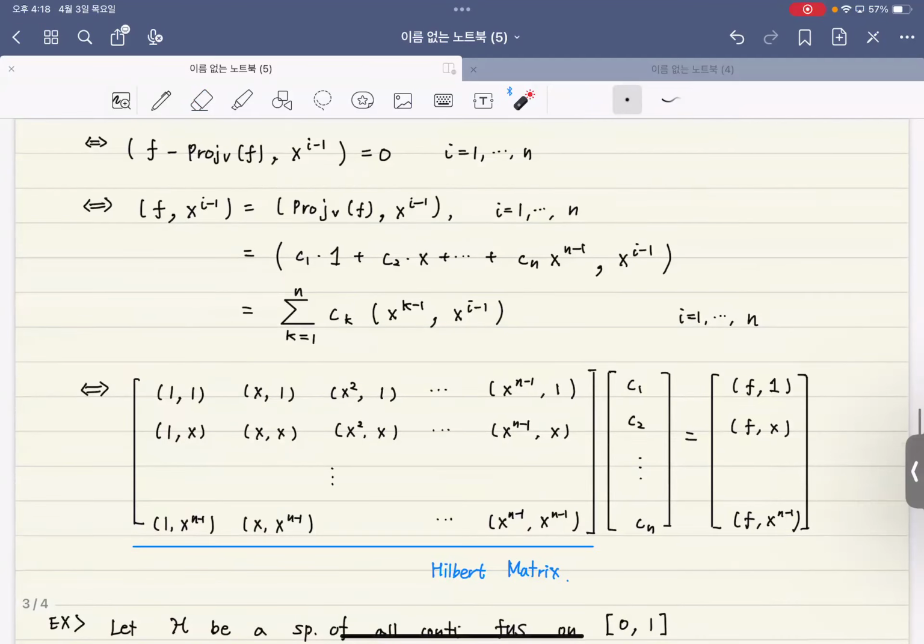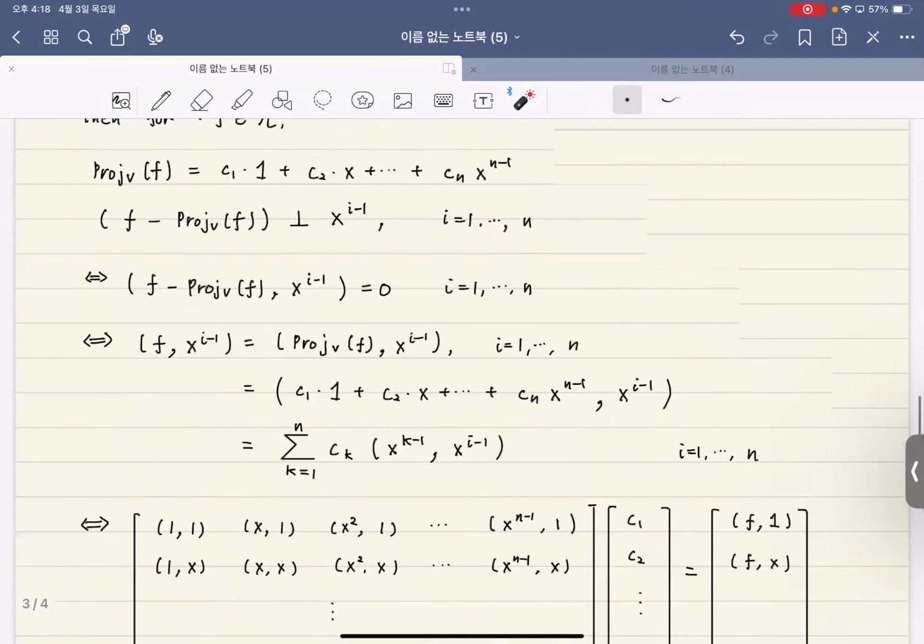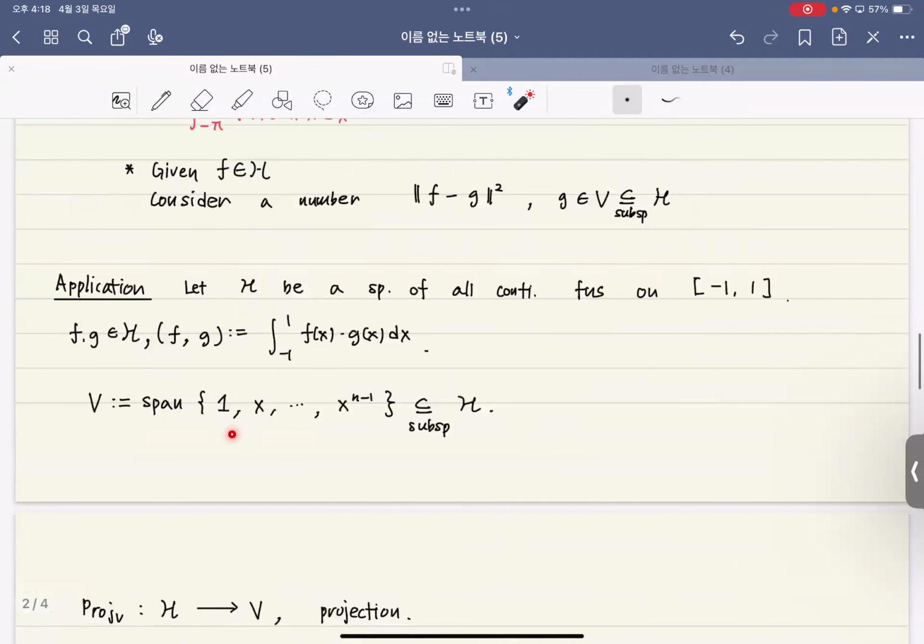The Hilbert matrix is not that great because we are using this naive basis. The choice of this basis for this subspace is very easy, but in terms of computation it is not great because it doesn't enjoy the luxury of orthogonality.